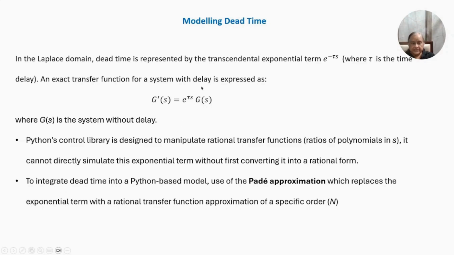To integrate this dead time into Python-based models, the Pade approximation is used, which replaces this exponential term with a rational transfer function, approximating it to a specific order n. Depending on the accuracy we need, we decide the order of the Pade approximation for this dead time, and construct the transfer function of the system with dead time.